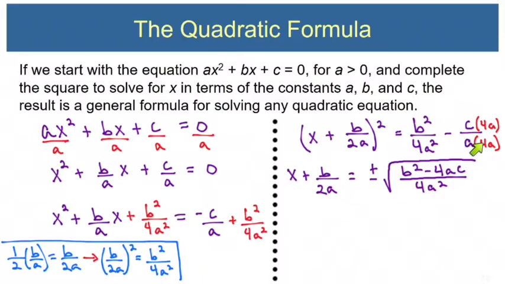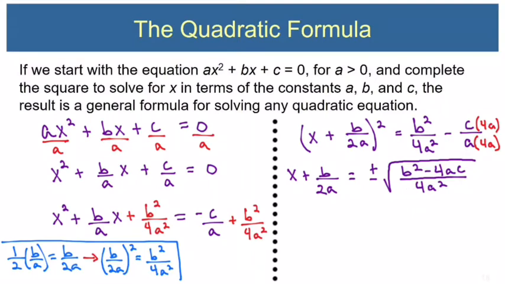So a times 4a is 4a squared, so that's my common denominator. And then in the top I'd have b squared minus c times 4 times a, which I wrote as 4ac. And now, just like we've seen in a couple of our previous examples, notice that the denominator here is a perfect square.